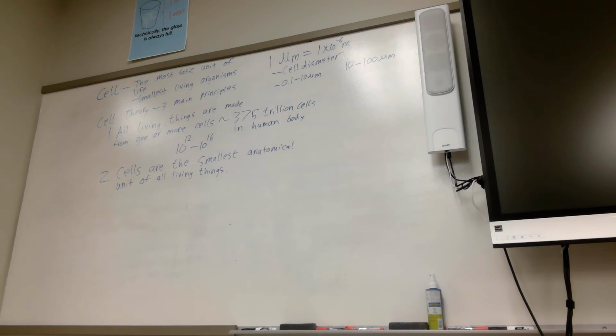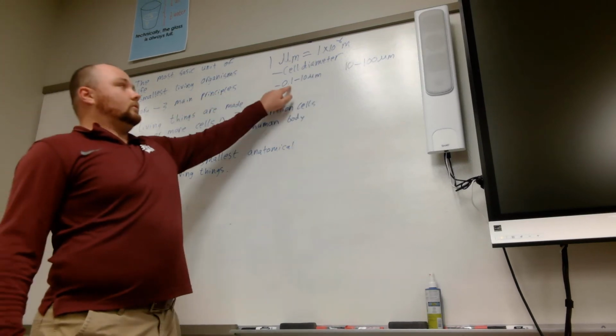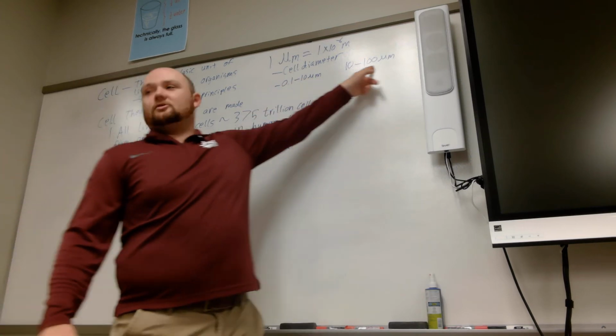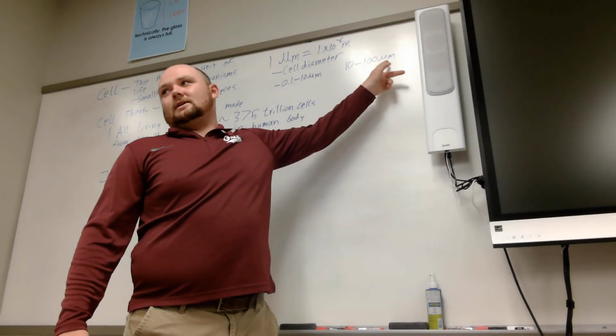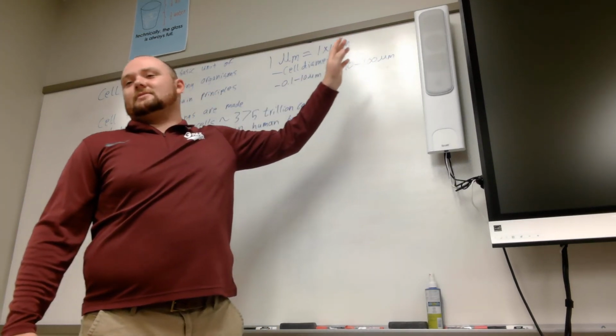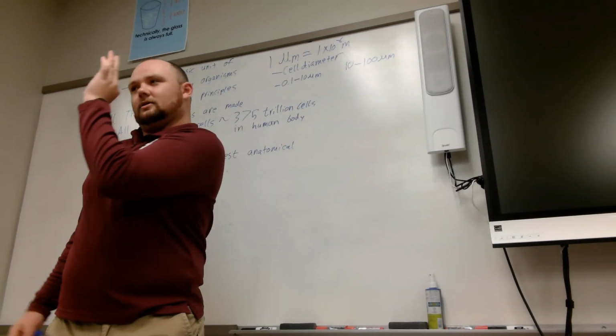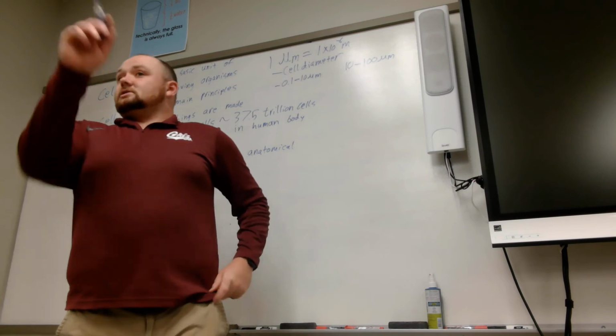So wait, the more micrometers there are, the bigger it is? Yes, it's the same thing as if you had 0.1 of an inch versus 100 inches. We're just using micrometers because that's where they are. Really, really small, but not smaller than an atom.